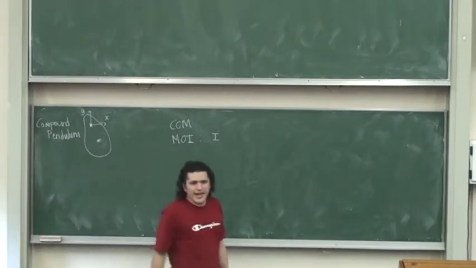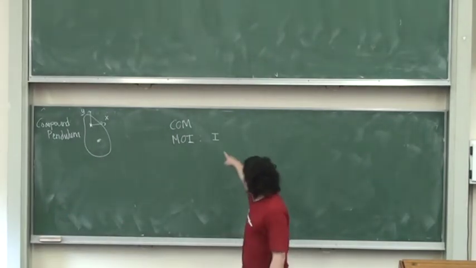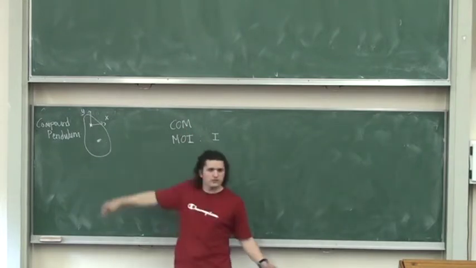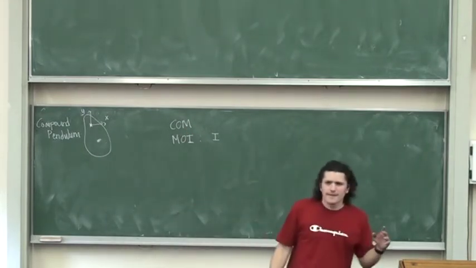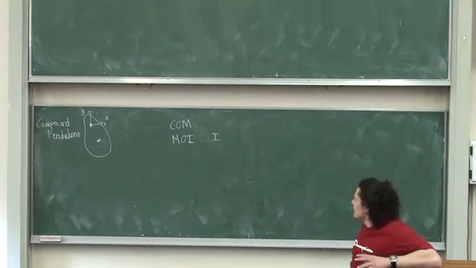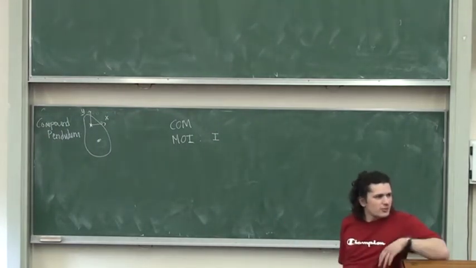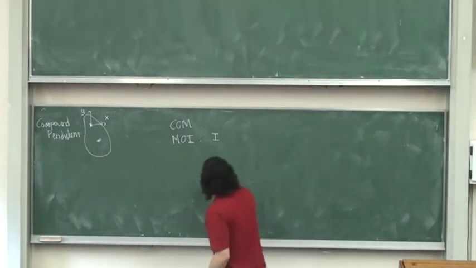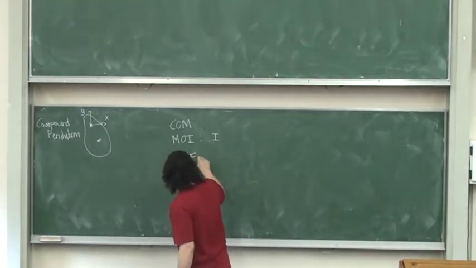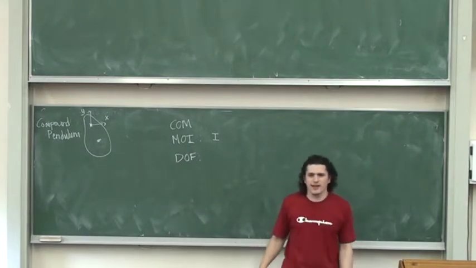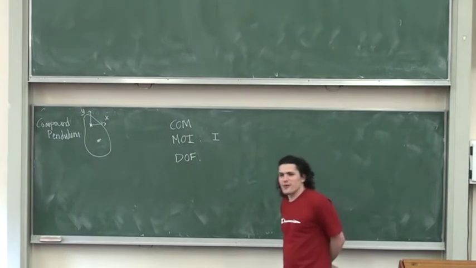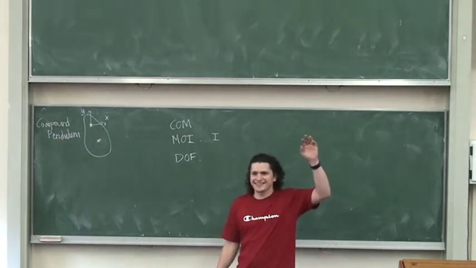Right, so we have a suggestion that we should look at the moment of inertia and then we can find the center of mass, which we can now do in terms of whatever coordinates we've chosen of the actual object. What do we generally do when we solve problems with regard to mechanics? What do we have to find? Degrees of freedom, that's good. So, how many degrees of freedom does this potato have? Who says none?